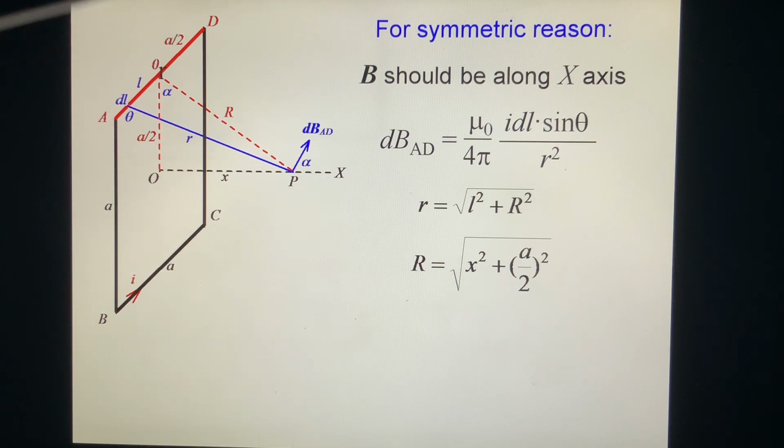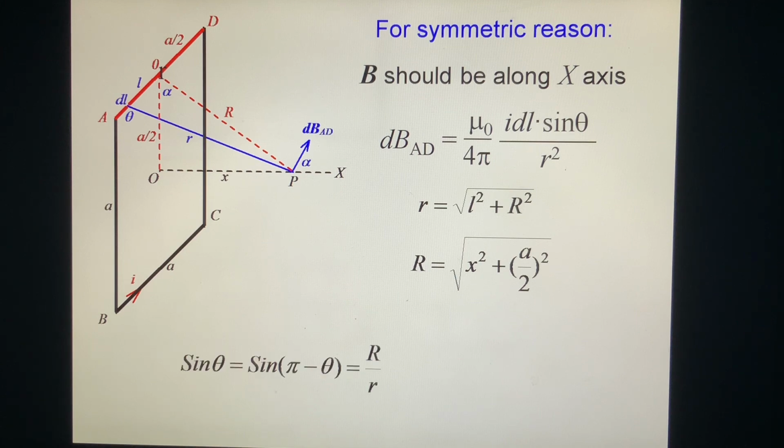Any other differential section dl on this line produces a magnetic field at point P in the same direction, perpendicular to triangle ADP. So we can just integrate to get B AD.